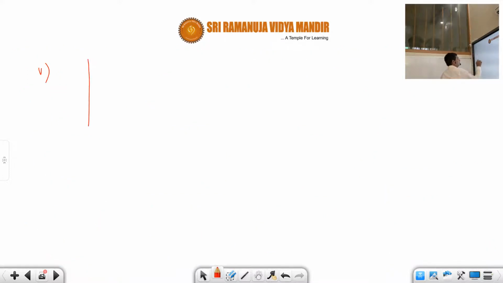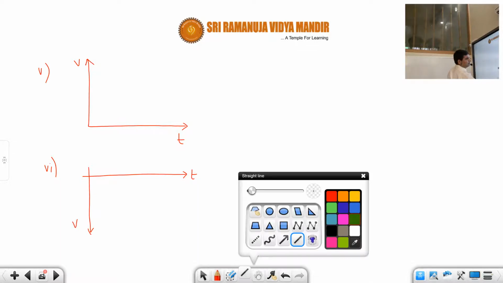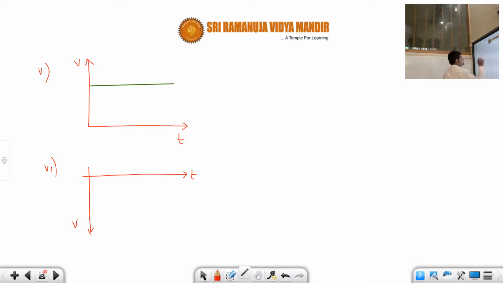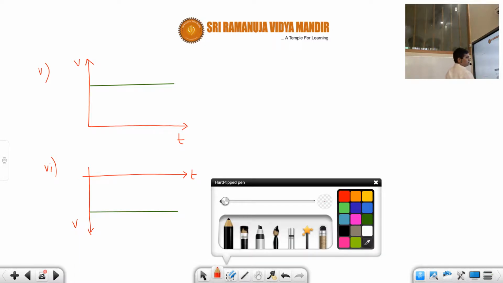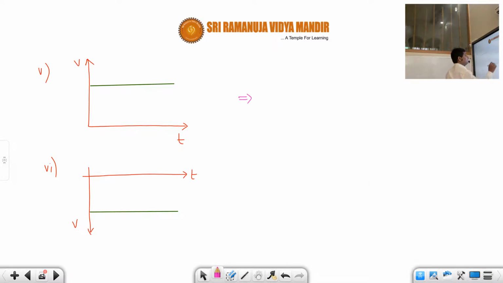So fifth one, suppose let us say this is the VT graph, and then sixth one, this is the VT graph. This is V is negative. So here the only thing is here V is positive and here V is negative, and both are constant. So now how to draw the XT graph?